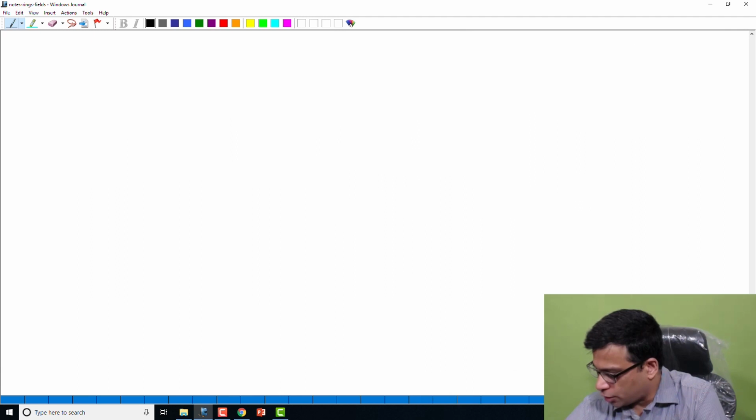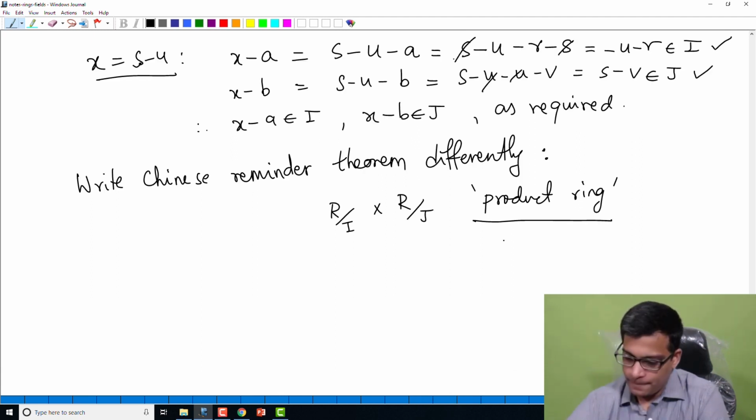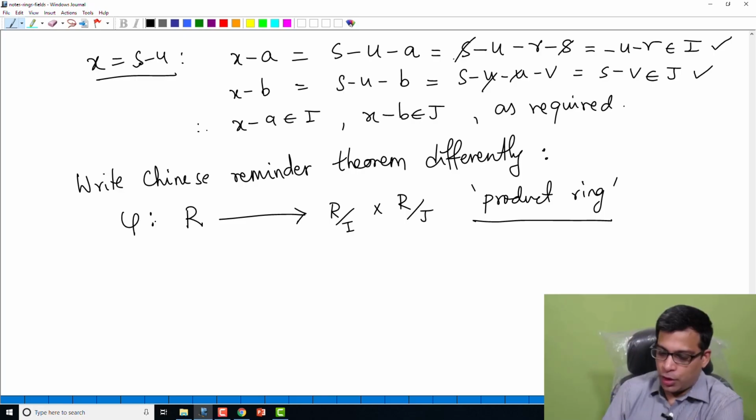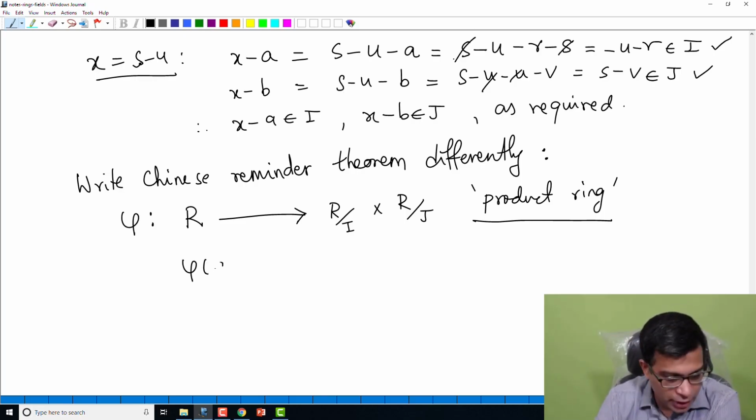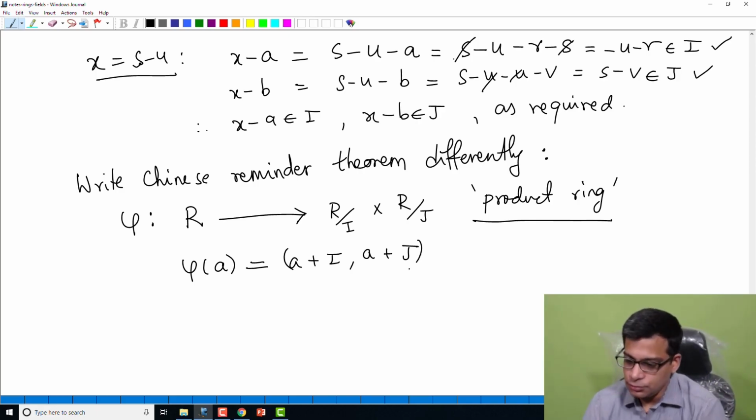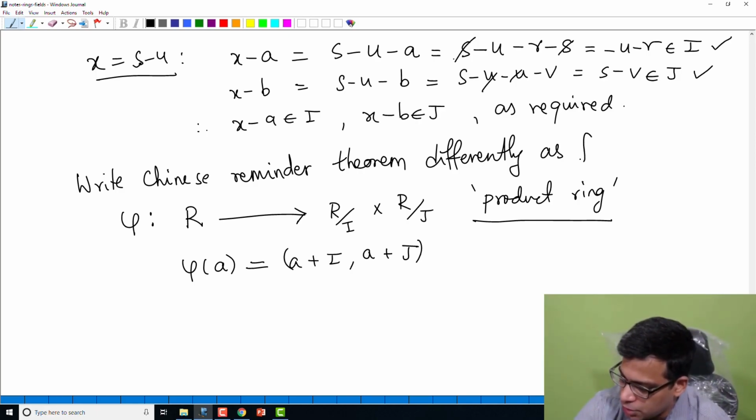So take the product ring and I will define a homomorphism from R to the product ring. I define phi of A to be A plus I, A plus J. So we write the Chinese remainder theorem differently as follows.